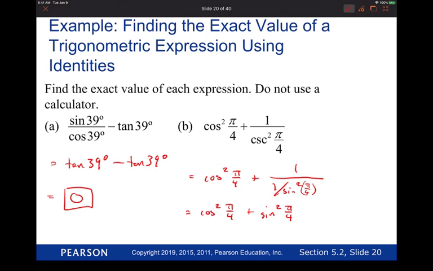Not Pythagorean theorem, but the Pythagorean trig identity. We said what? Sine squared plus cosine squared equals 1, right? Right here we have cosine squared plus sine squared, is that the same as sine squared plus cosine squared? Oh. So then this should equal 1. All right, okay. So that's the trig identity. Sine squared plus cosine squared equals 1.